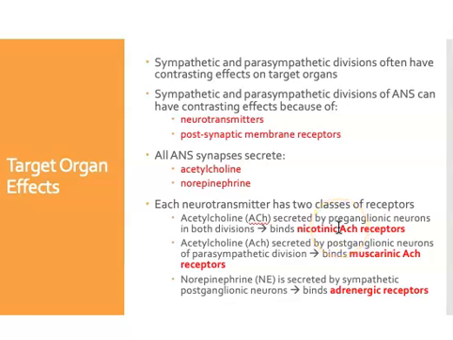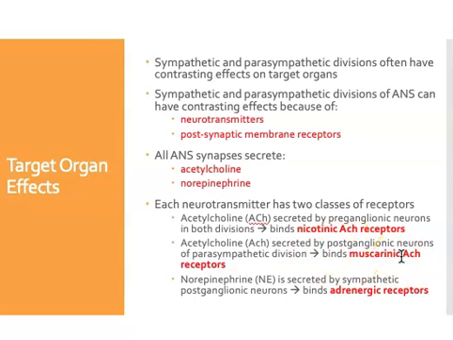Now, the postganglionic neuron is going to secrete acetylcholine at the target organ, but only on the parasympathetic side. That acetylcholine is going to bind to receptors on the membrane of cells in the target organ. But this time we're going to call those acetylcholine receptors muscarinic.